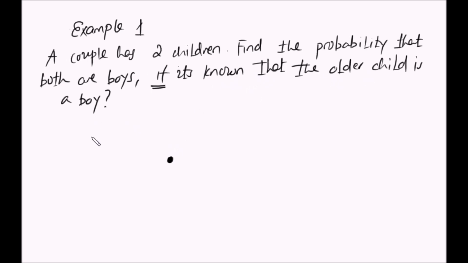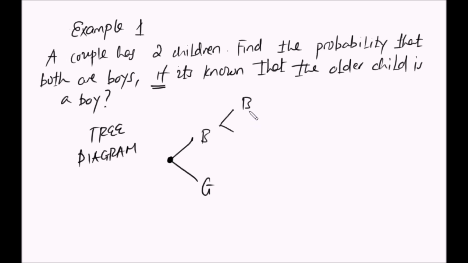So let's draw a tree diagram here. The first child, the older child, can be a boy or a girl. If the older child is a boy, the second child can also be a boy or a girl. Similarly, if the older child is a girl, the second child can be a boy or a girl.